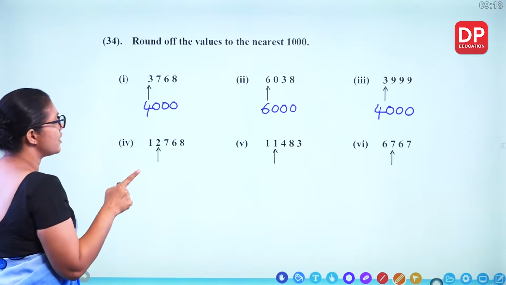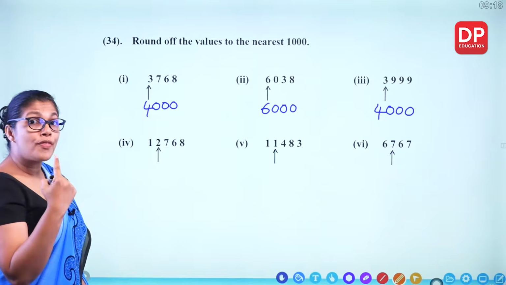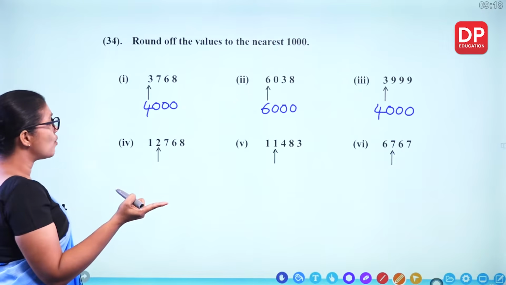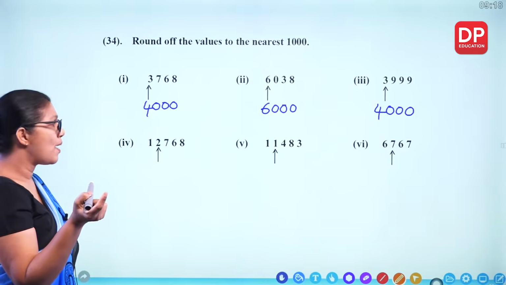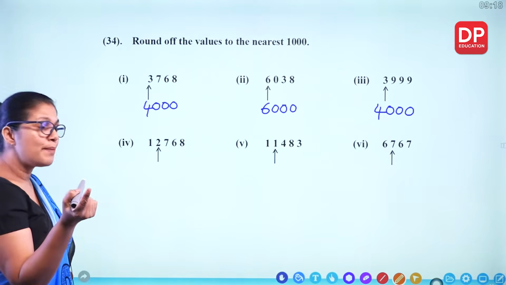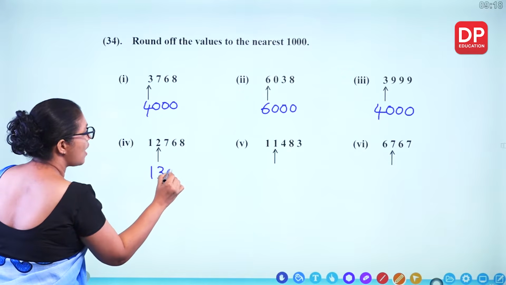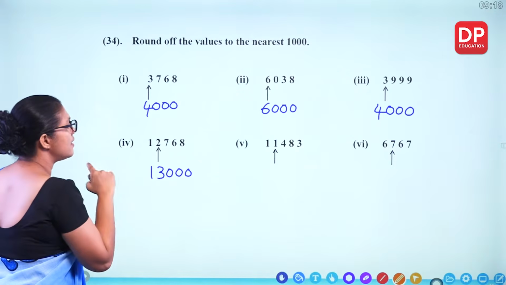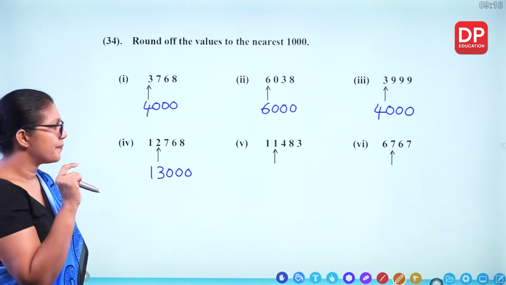Is it closer to 2000 or 3000? What is the closest value? So 2500 is the mid value. So this is more than the mid value. So you take 3000, which is the correct answer. So what's the value? 13,000.